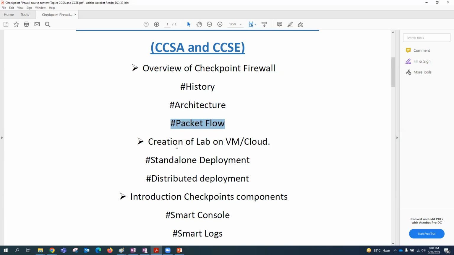The second step will be creation of the lab, whether on a VM or the cloud. As Hemu sir has mentioned, if you want to create your lab on your laptop, you need to have a VM. If your computer or laptop is not that capable, for this lab you need at least 8 GB of RAM to perform all the basic labs of Checkpoint firewall.